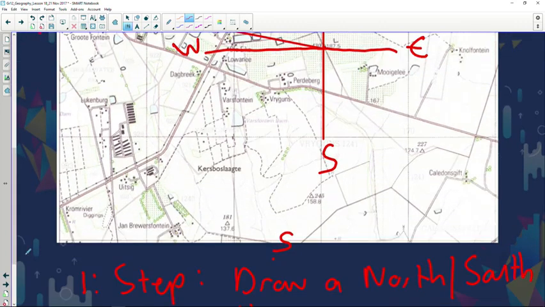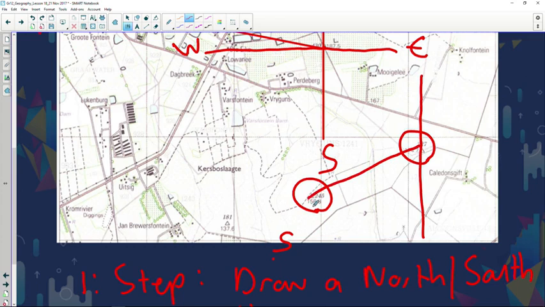Let's just do another one quickly. If we quickly have a look at determining the direction from trig beacon 227 to trig beacon 245. First of all, draw your north-south line. Draw a line from where to. There's your north line, south. If you divide it up, there's east, there's west.